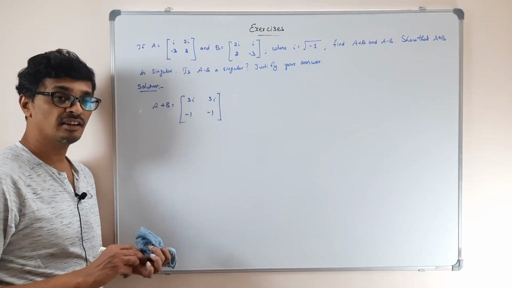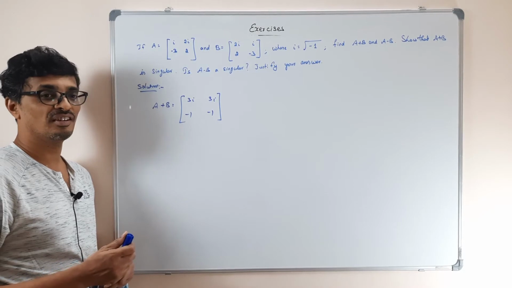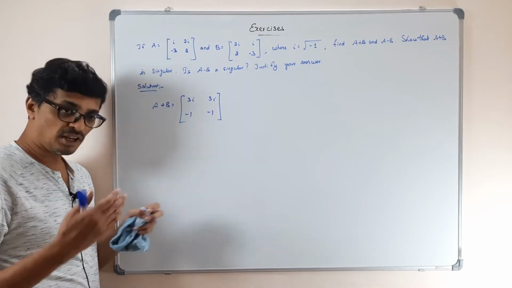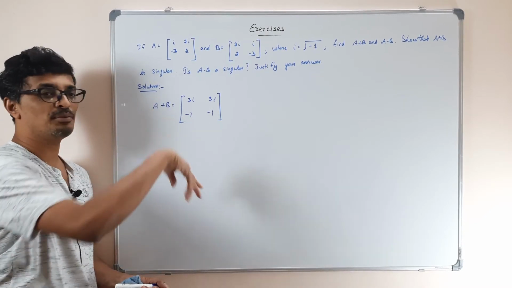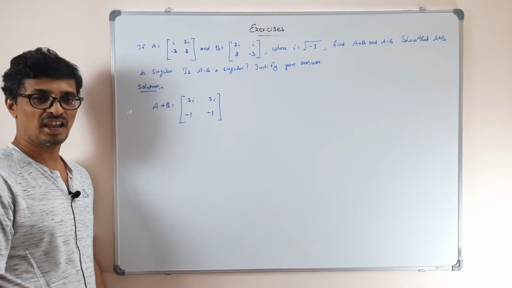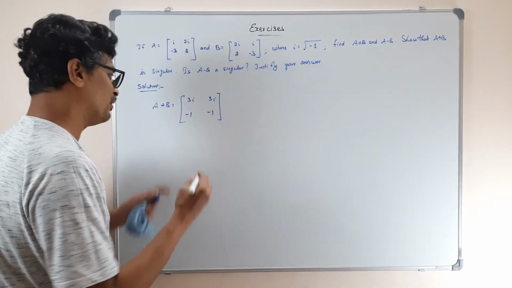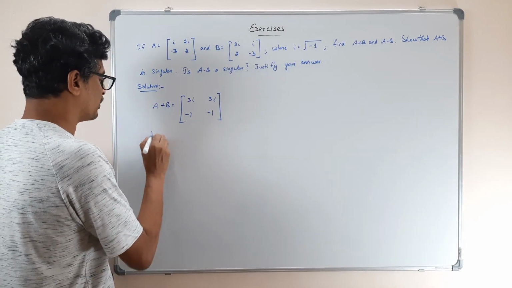Yes. Why? Because 3i into minus 1 minus 3. Don't have to do it. There is one property of determinant we found. If any two columns are identical in a determinant, that determinant will be 0. Okay. So, or you can do it and show. If you want to do it, you can do it.